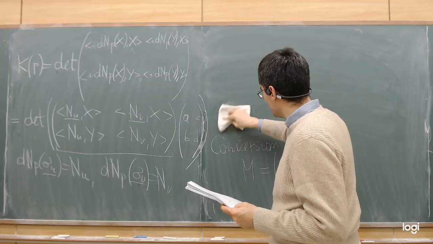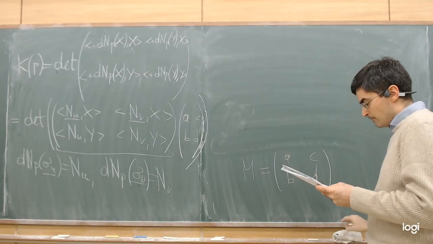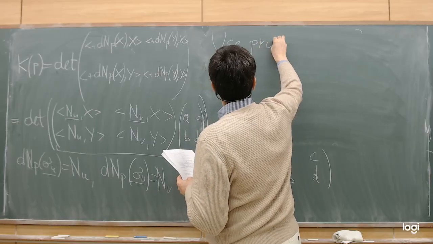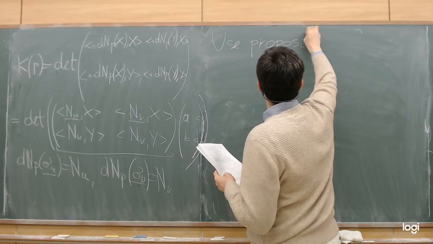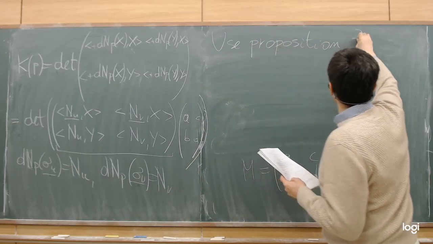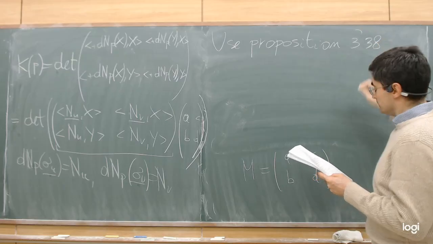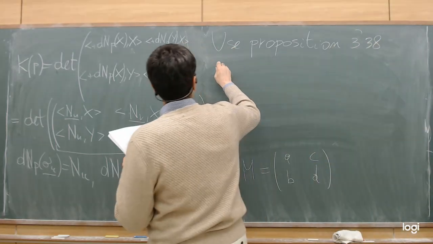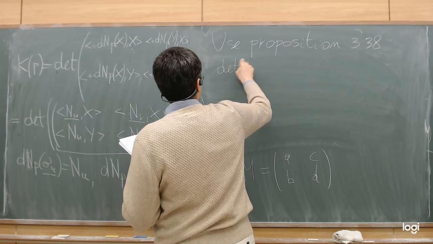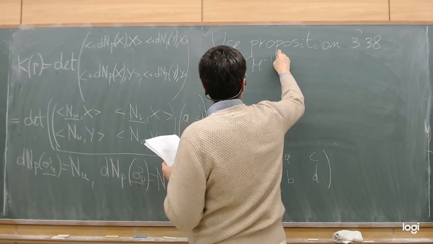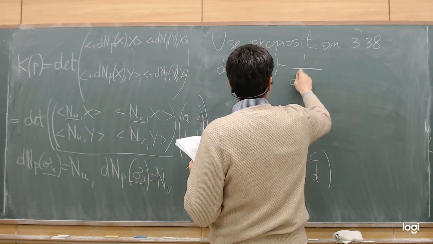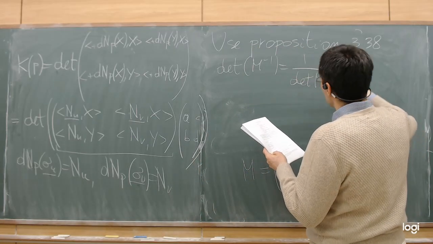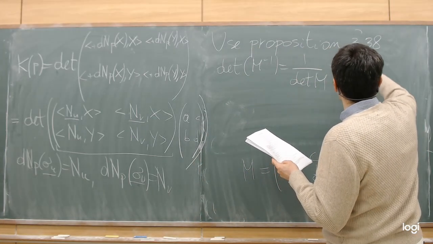Now, if you use proposition 3.38, you will see that the determinant of M inverse equals 1 over the determinant of M. It is equal to the area distortion of sigma.